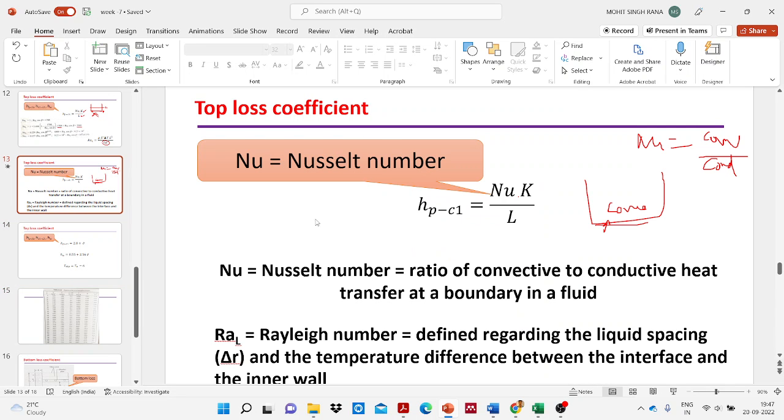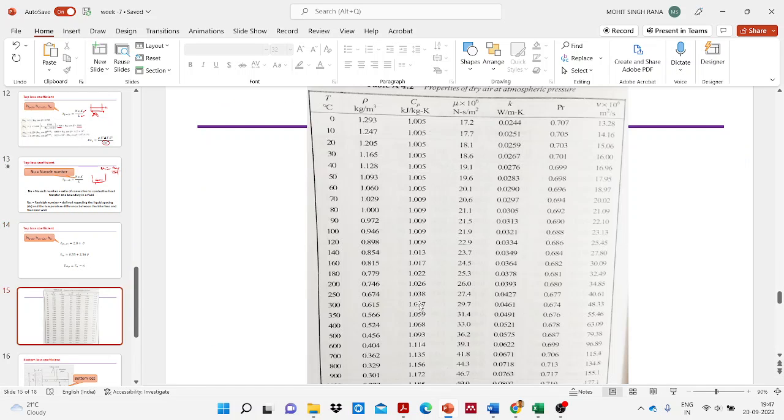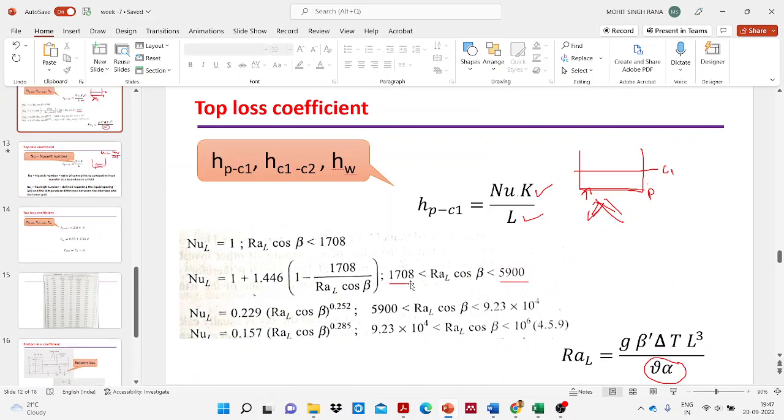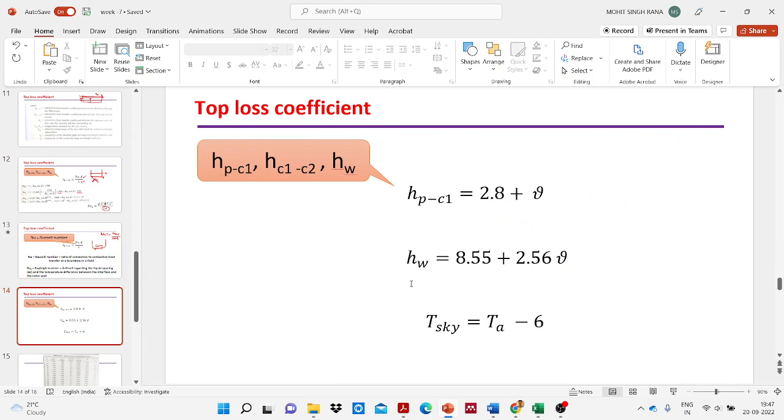In each case, one is HPC1, another is HC1 to HC2, and another is H omega.